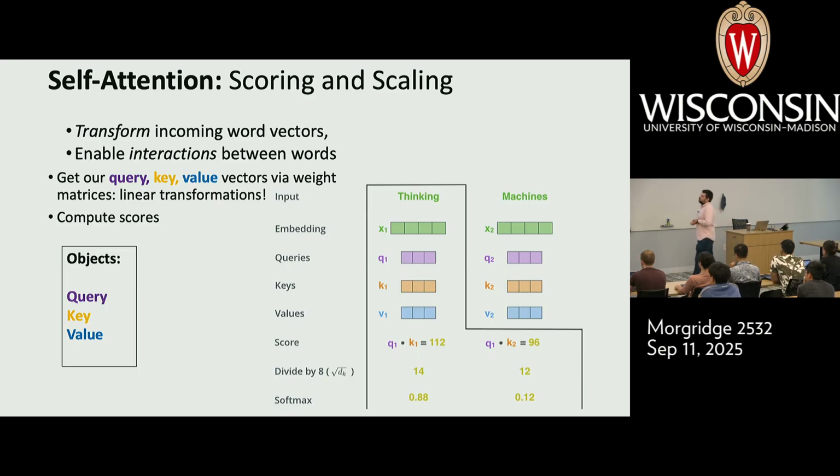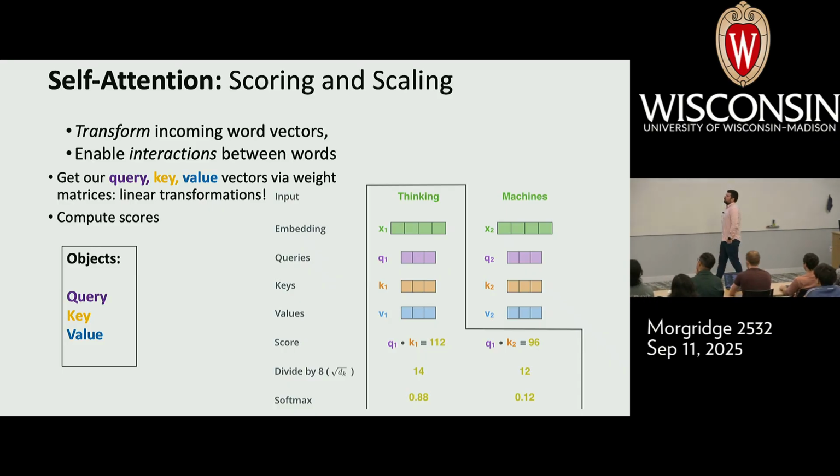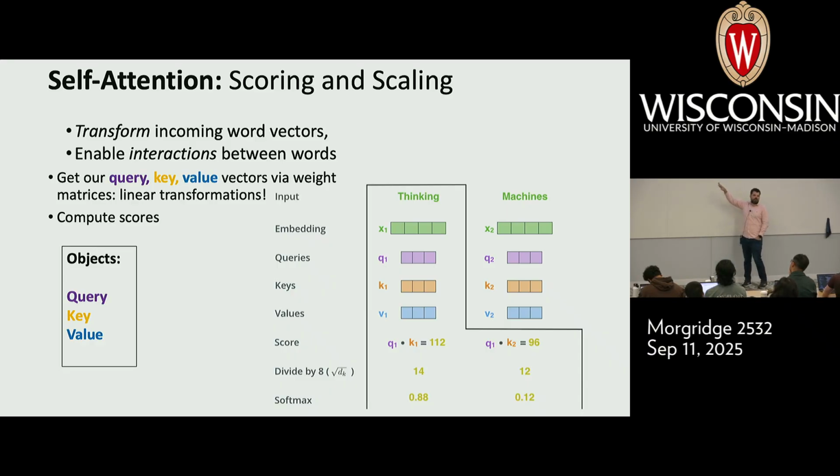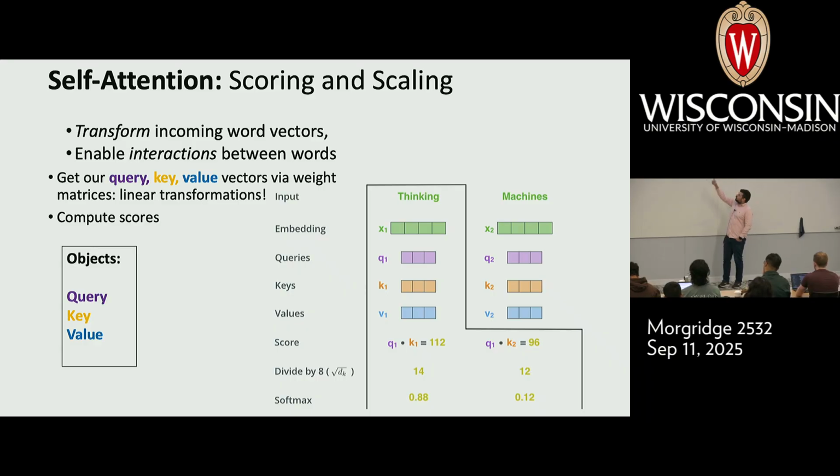Okay, so once we have these dot product scores, we're going to do a little bit of scaling. So we're going to divide by something. You can safely ignore this for now. This is a normalization trick, but it's not super important. And once I have these values, which here are 14 and 12, but again, you would have a whole sequence of them for a longer sentence, I'm going to go ahead and run all these guys through softmax, and I'll have these values.